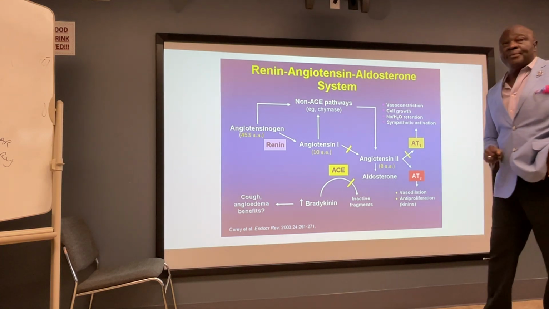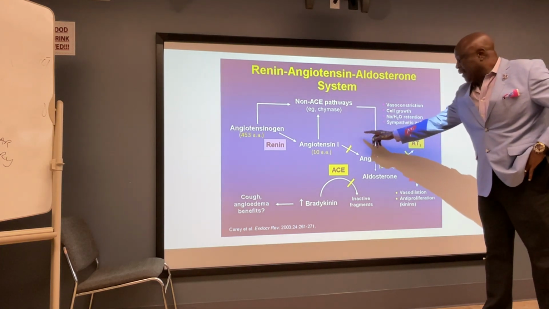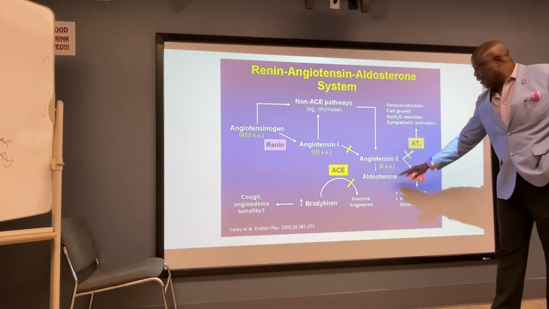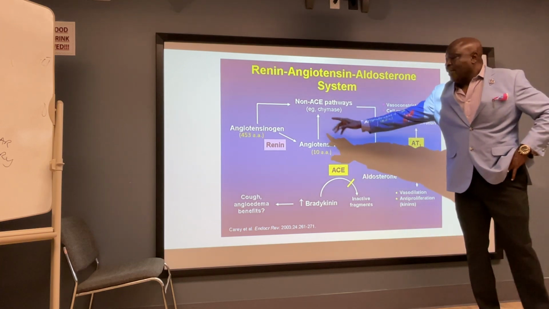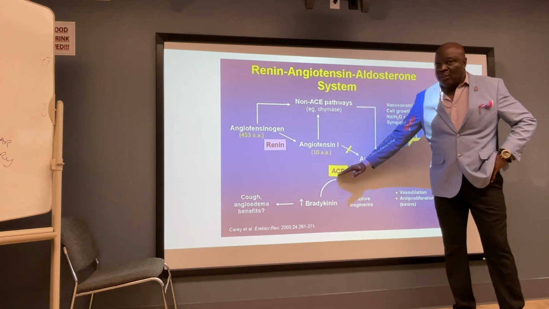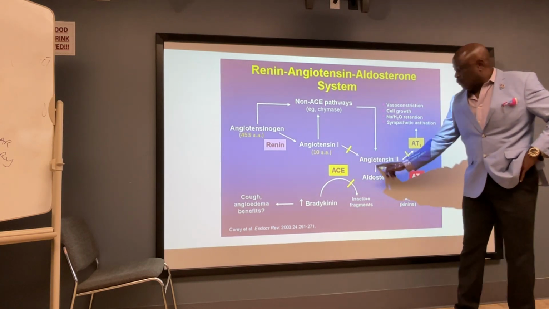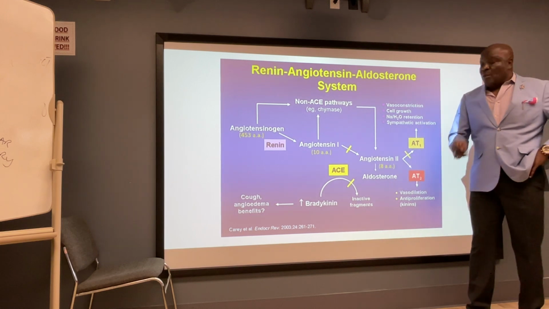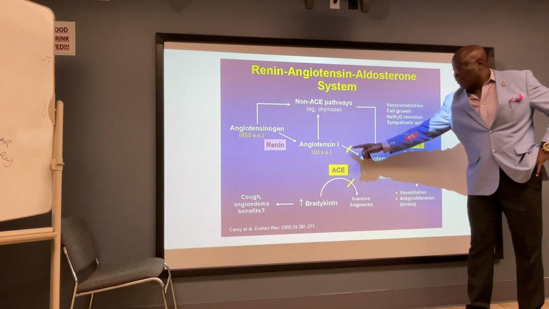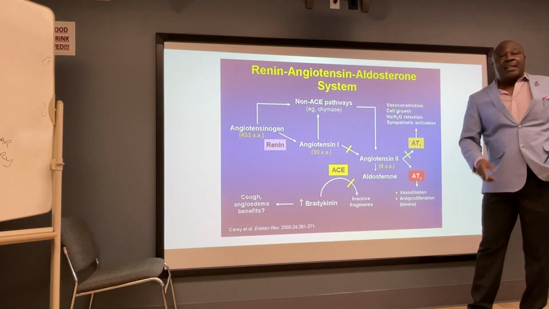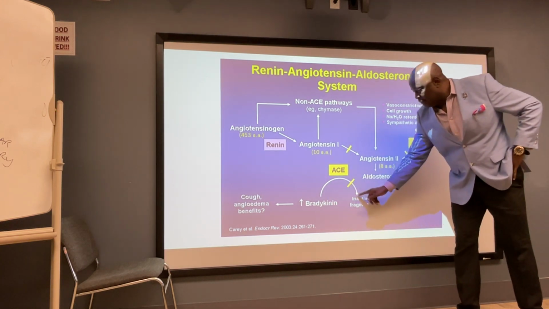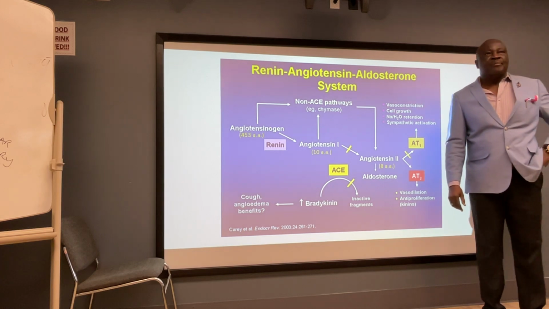When you inhibit angiotensin 2 formation and you inhibit all of this, or in the process of the synthesis of angiotensin 2, you got angiotensin converting enzyme that works here, right? We know that. But what happens is this: the same enzyme that converts angiotensin 1 to 2, is the same enzyme that breaks down bradykinin into inactive fragments.